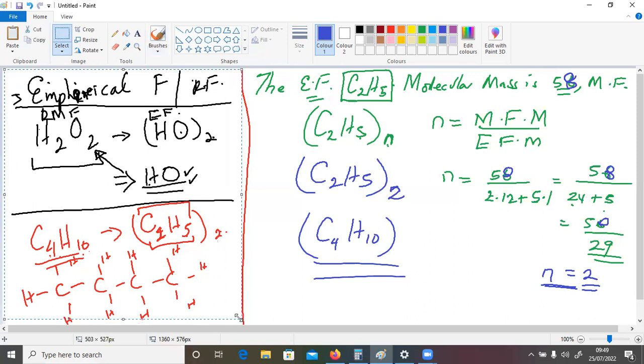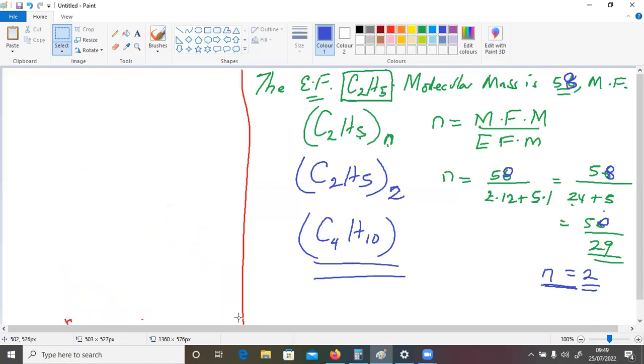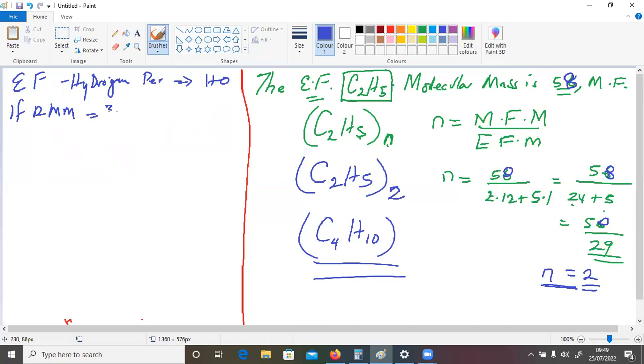Consider another one here. The empirical formula for hydrogen peroxide is HO. If the relative molecular mass is 34, find the molecular formula.